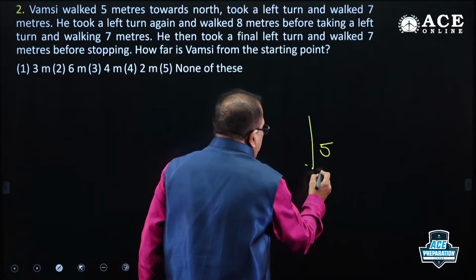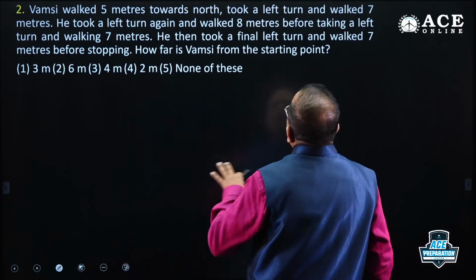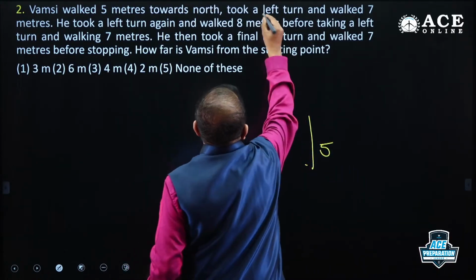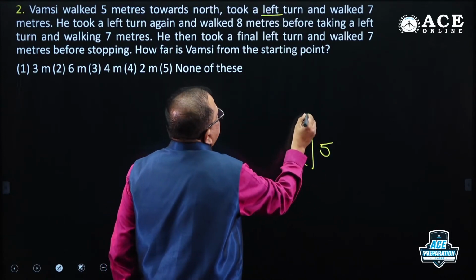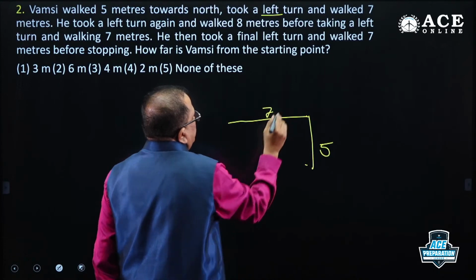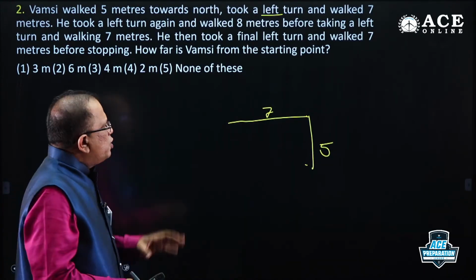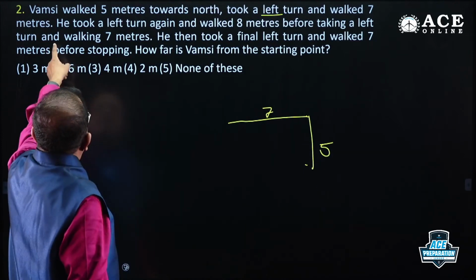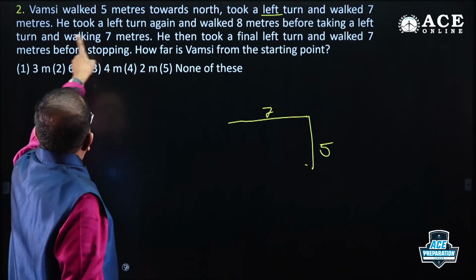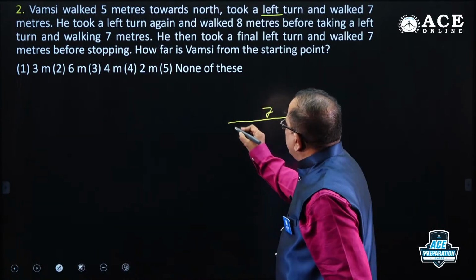When someone is coming from south to north, this is the alignment, and he took a left turn. Left means this side. How many? 7. 7 must be longer than 5. So this is 7. Like this, bit by bit, instruction by instruction, we are going to represent. He took a left turn again and walked 8 meters.